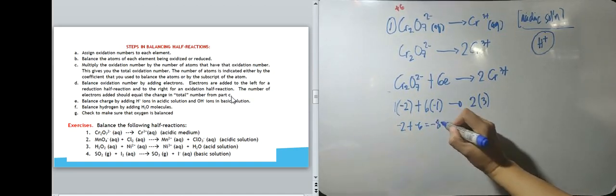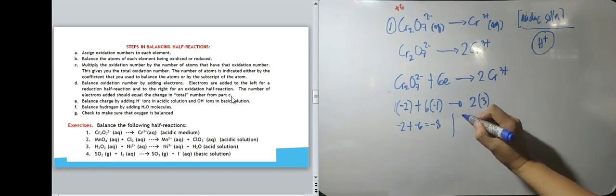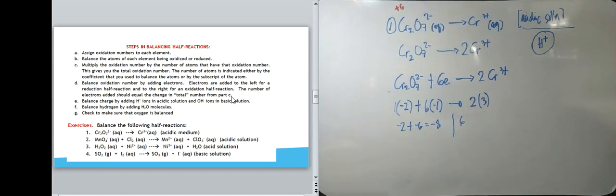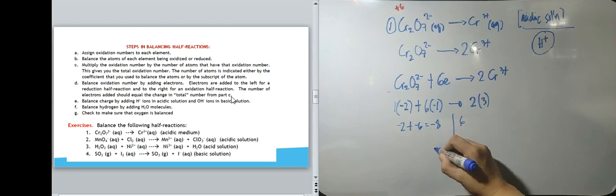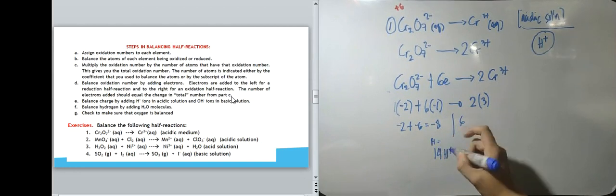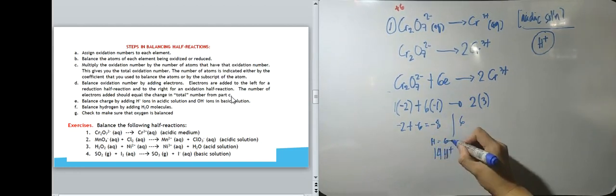Negative 8. While this one, 2 times 3, 6. So, for us to check how many H plus ions, dito natin ilalagay sa right side. So, para mabalance, we will add 14H plus. Why? Because H plus is equal to 6 plus 8 equals 14.